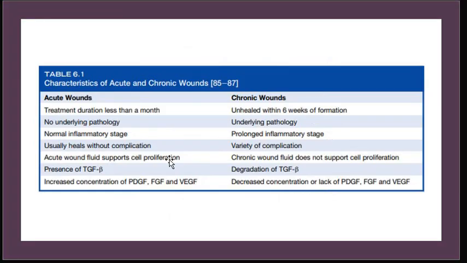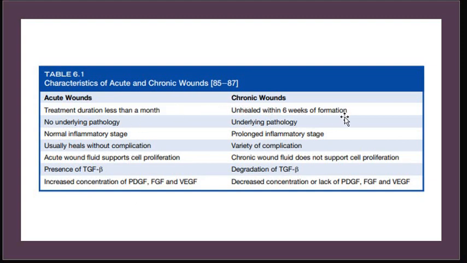And the characteristics of acute and chronic wounds. Acute wound: treatment duration less than a month, no underlying pathology, normal inflammatory stage, usually heals without complication, and extracellular proteins and fibers are already present that help in wound healing within a month and 6 week duration.